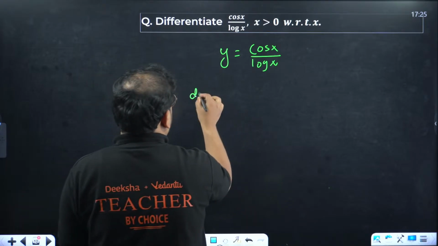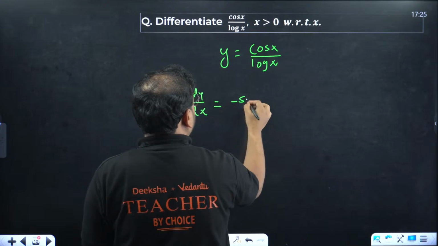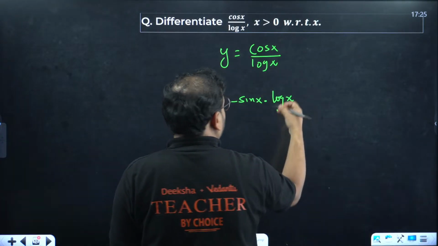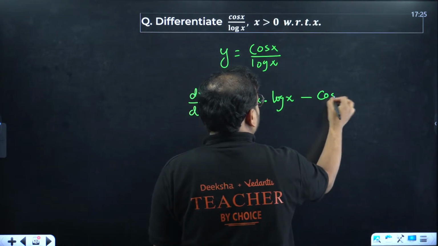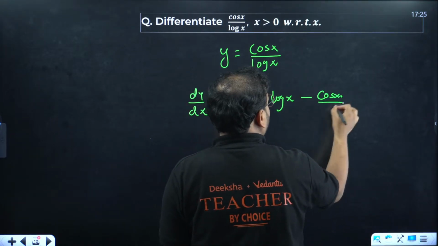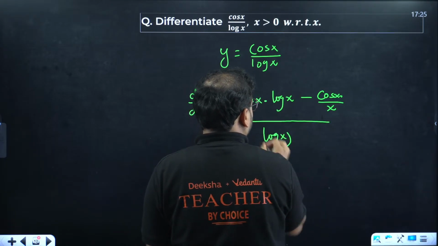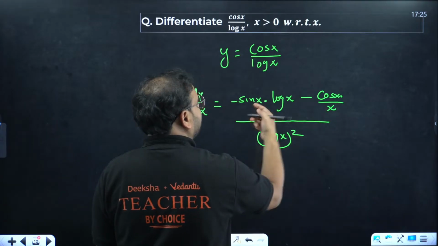Try dy by dx. Differentiate cos. You'll have minus sine x. Keep log as it is. Over here, what will happen? You'll have a minus sign. This time cos x as it is. Differentiate log. You'll have 1 by x divided by log x the whole square. Take minus sign common. Actually, you can take minus 1 by x common over here.